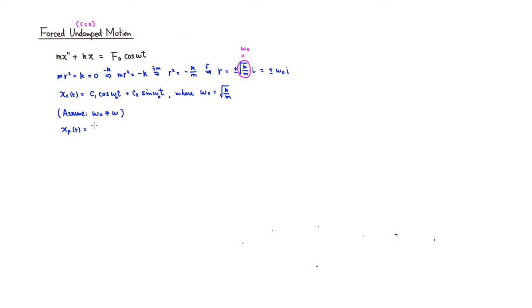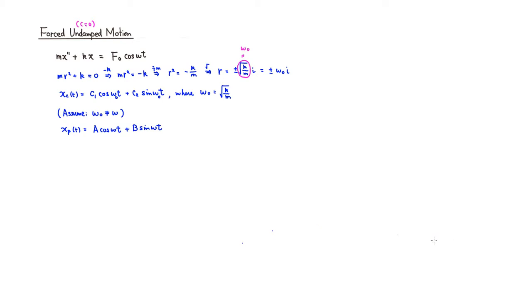So we can write it as a cosine of omega t plus b sine of omega t, right? Since we're assuming that omega 0 is not equal to omega, there is no overlap with the complementary solution. So this is going to be the form of the particular solution.